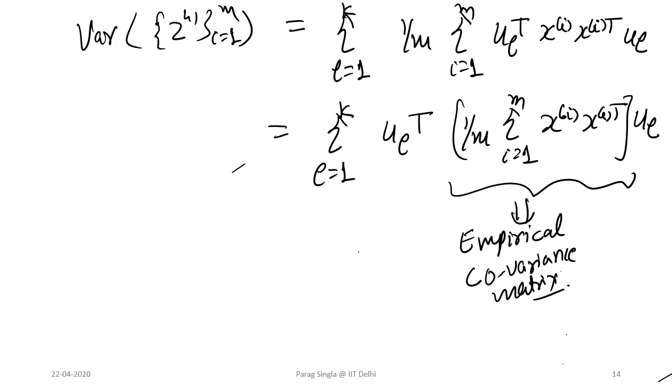So if this matrix is denoted by sigma, then sigma jk is nothing but the covariance between the jth and the kth features. And note that this is actually the covariance, because the mean has been reduced to 0. But in any case, I'll talk about it in the next class.